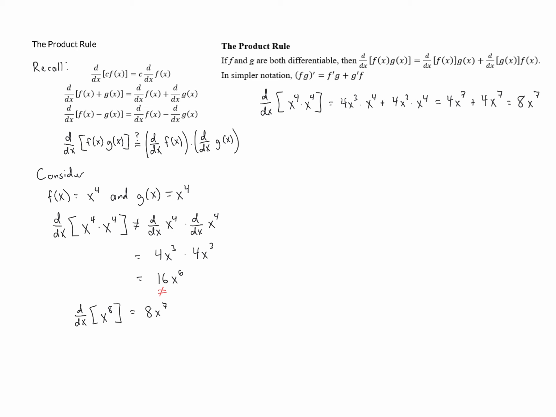But let's look at a couple more examples just so we can see exactly how this works in a situation where we don't have another way to easily differentiate. So I want to look at one problem together. If f of x equals x times e to the x, this is a good product where we don't already know what the derivative of x e to the x is, but we can differentiate x and e to the x.